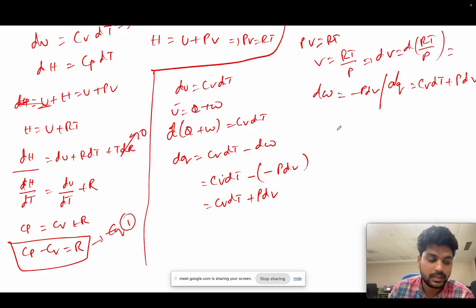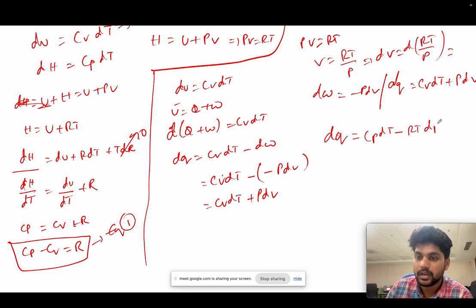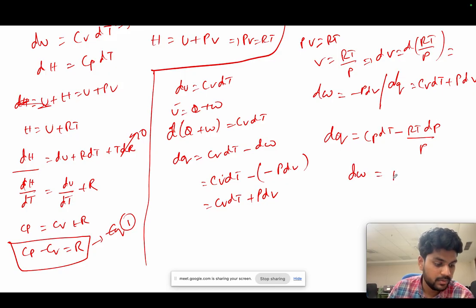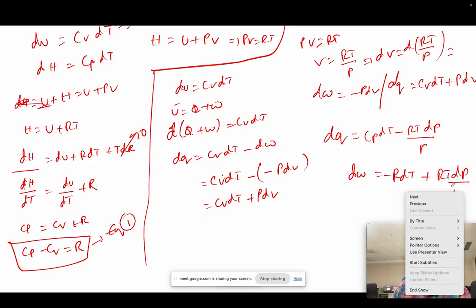So dq will be Cp dt minus RT dp by p, and dw equals minus R dt plus RT dp by p.